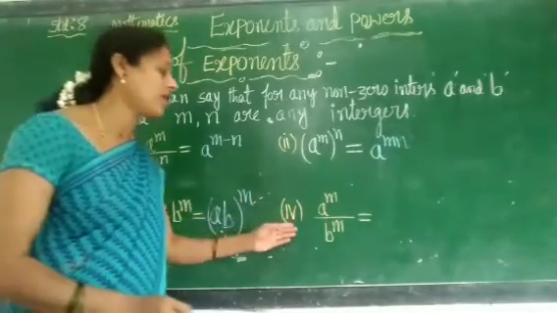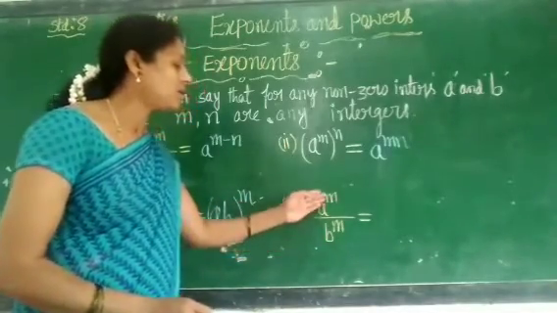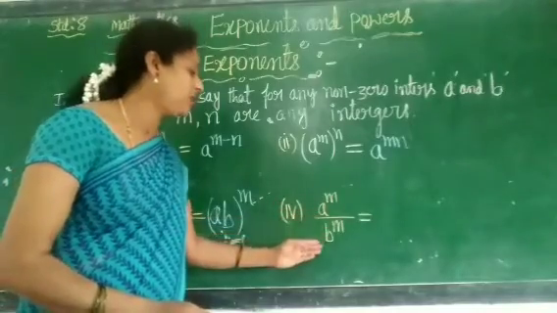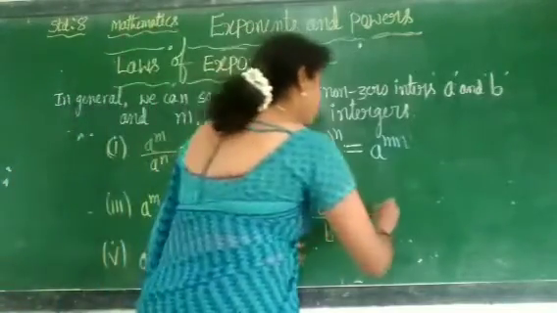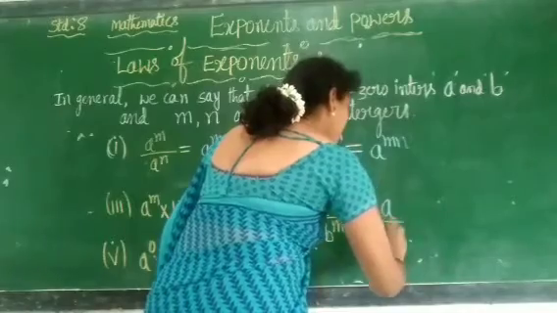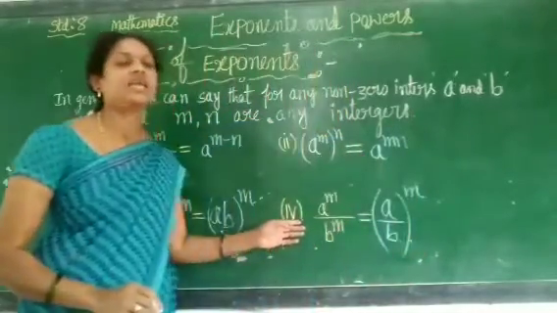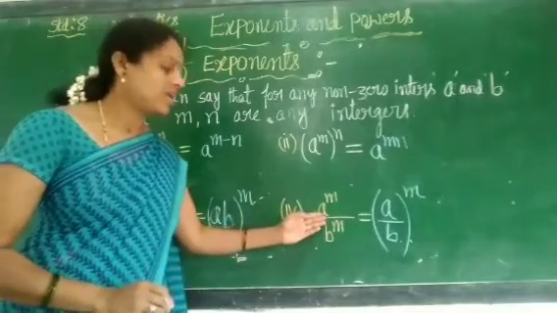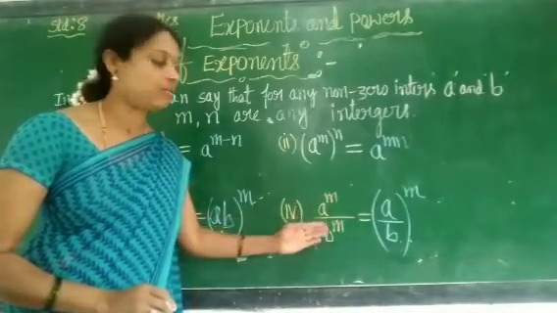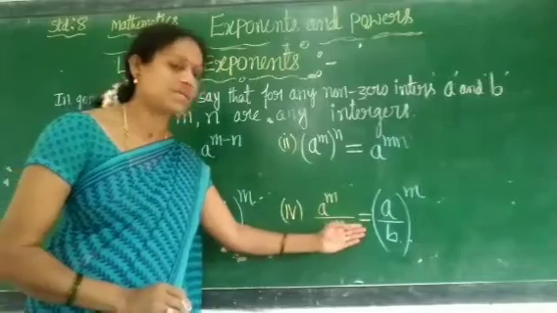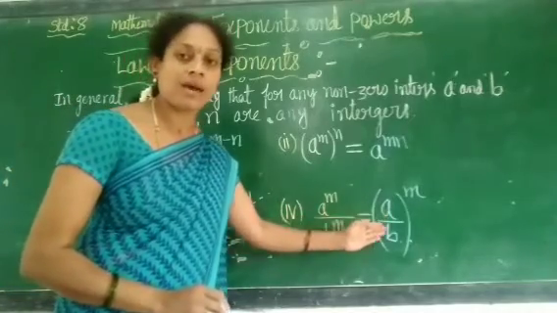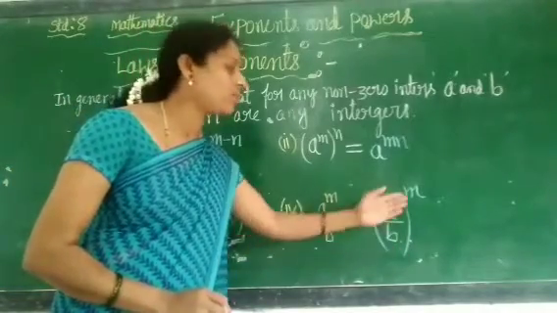The fourth law: a to the power m divided by b to the power m is equal to a by b whole to the power m.